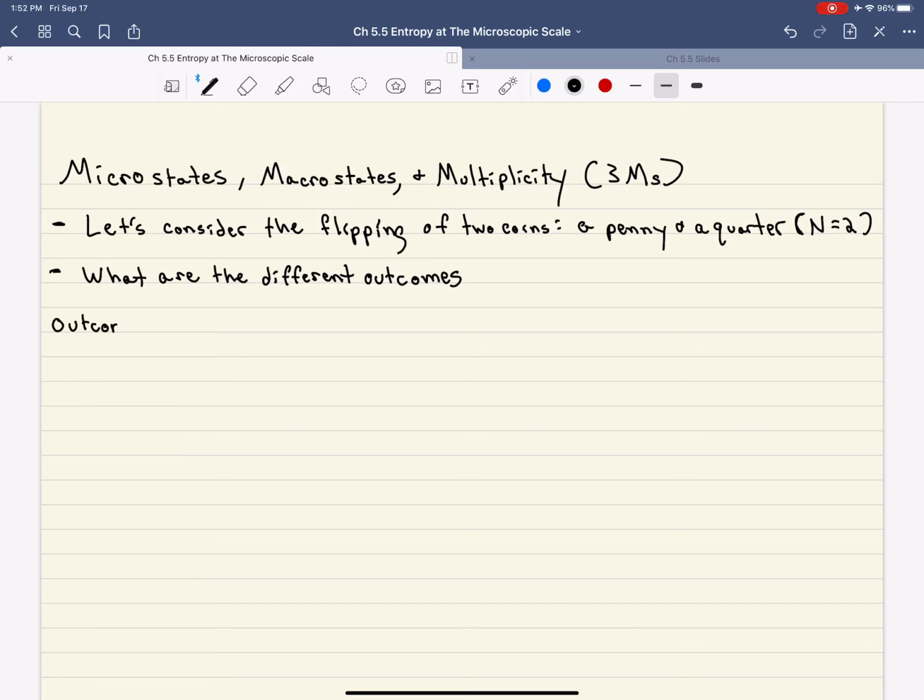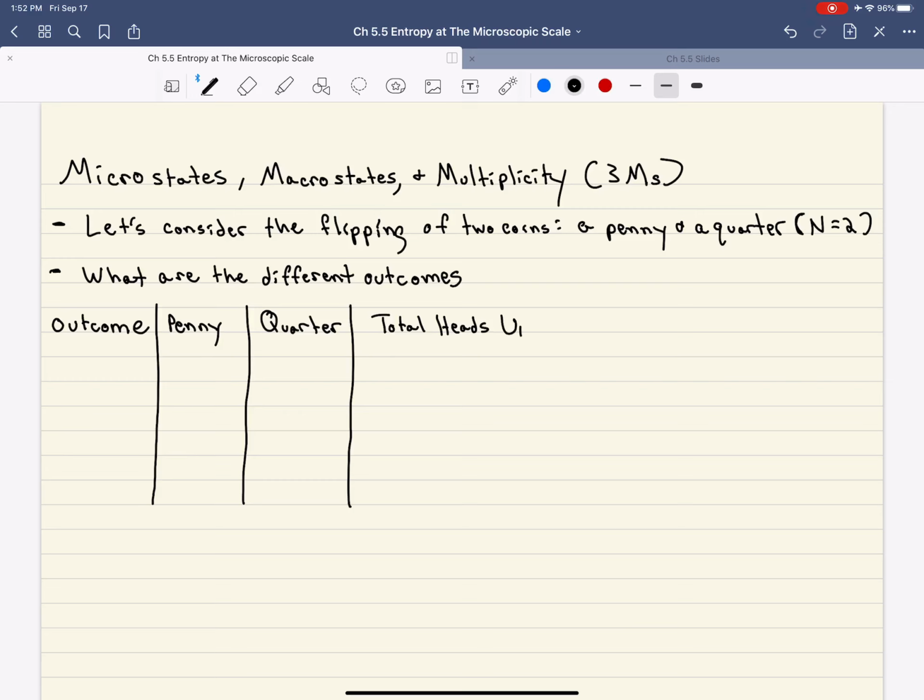And so to do this, I'm going to make a table where I just write outcome. One column is going to be the outcome for the penny, whether it lands heads or tails. And another column is going to be for the quarter. Okay? And then in this last column, I'm going to count the total number of heads that are up for each of these different types of outcomes.